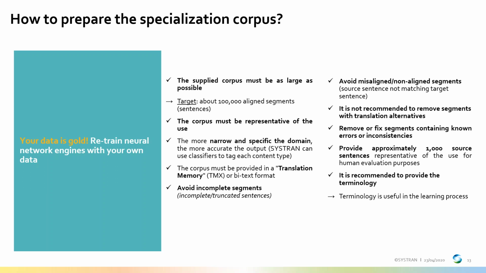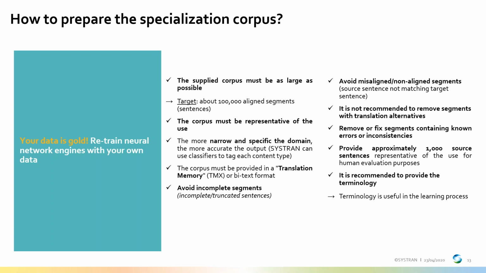So 1,000 lines or sentences from a typical content to evaluate the quality of the machine translated output, instead of a test corpus which is extracted from the translation memory, as we know that even if we don't include the test corpus in the training cycle, it's still a bit tricky to make sure that the test corpus we've extracted from the translation memory is not too close to the training corpus. So having a completely external corpus to perform the human evaluation is really good.